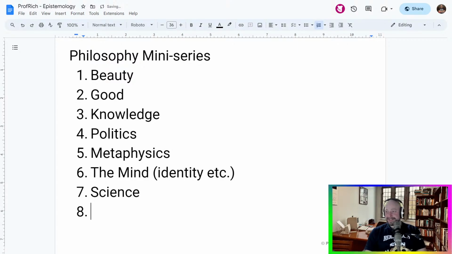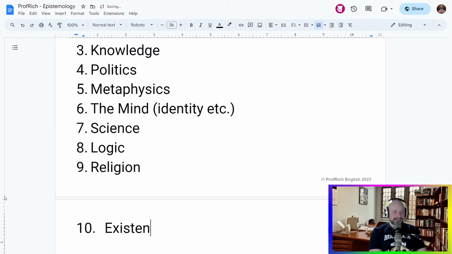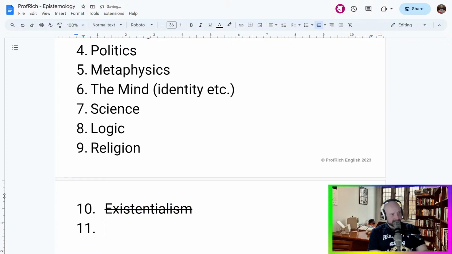Science, because there is the philosophy of science. We have logic. You might be quite interested in logic because we can talk about logical fallacies and things like that. Religion, existentialism, which I hate, so I don't think we're actually going to do existentialism because it's nonsense.